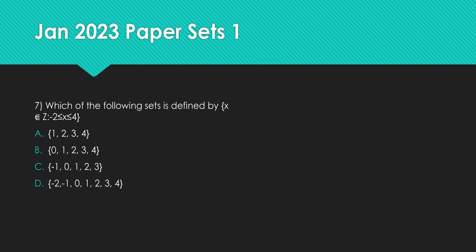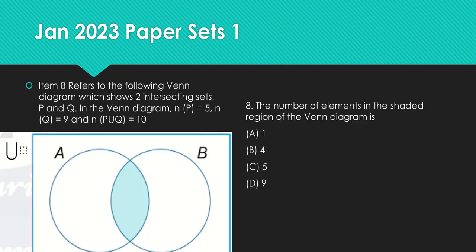Alright. Let's look at this question here. Item 8 refers to the following Venn diagram, which shows two intersecting sets P and Q. The number of elements for P is 5, the number of elements for Q is 9, and the union is 10. We want the number of elements in the shaded region, that is the intersection.